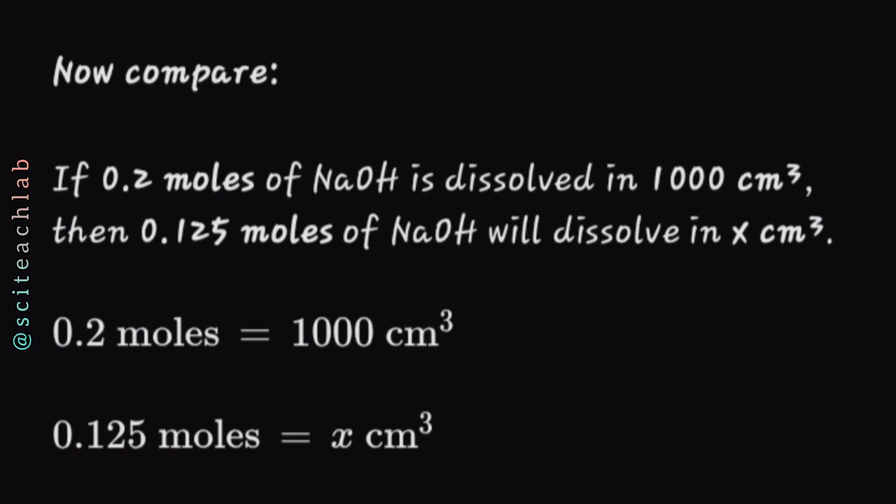And then 0.125 mole would dissolve in what? That's a comparison now. So we are saying if 0.2 mole sodium hydroxide dissolved in 1000 cm cube, then what would 0.125 mole sodium hydroxide dissolve in? We put that mathematically and say 0.2 mole NaOH equals 1000 cm cube. Then 0.125 mole NaOH equals x cm cube.